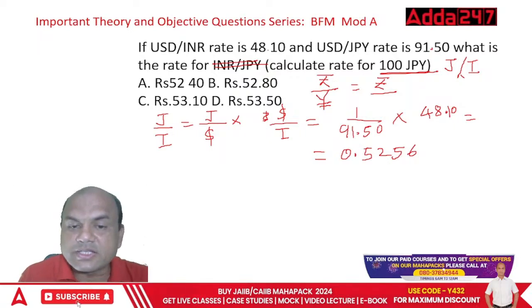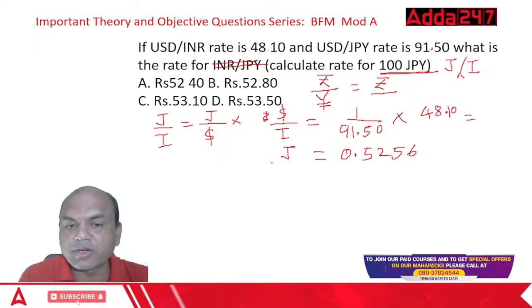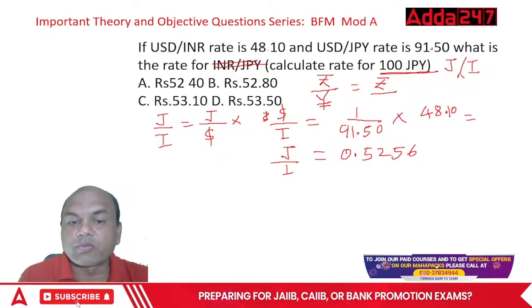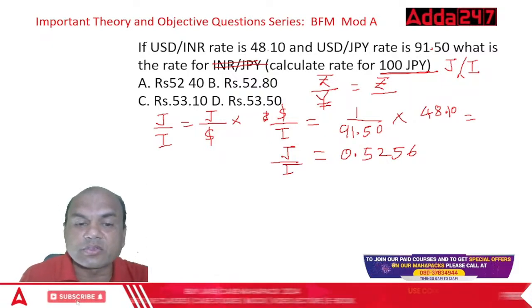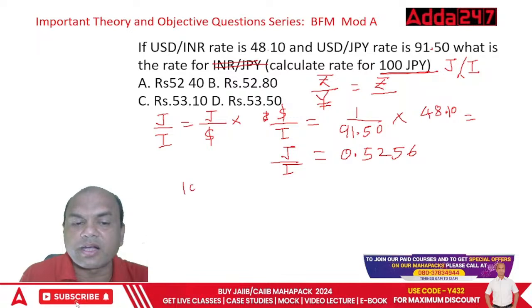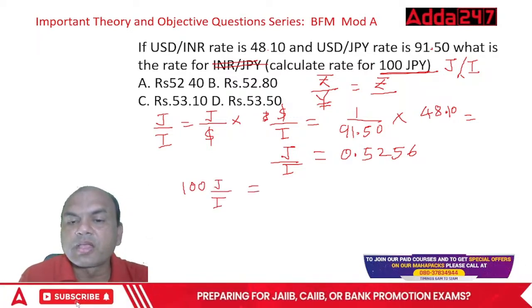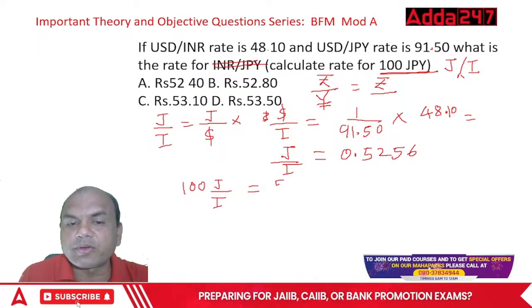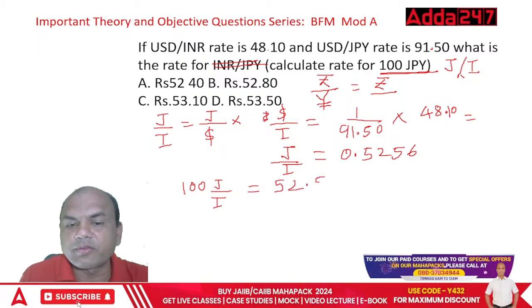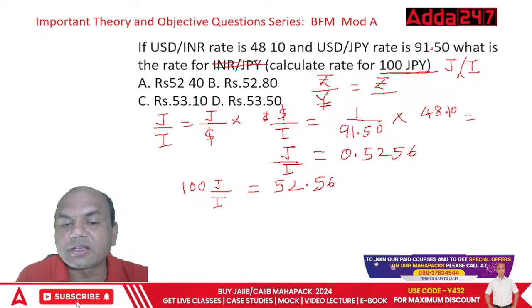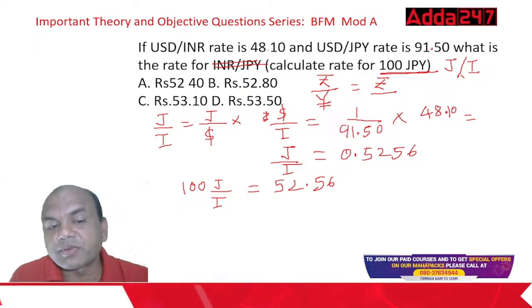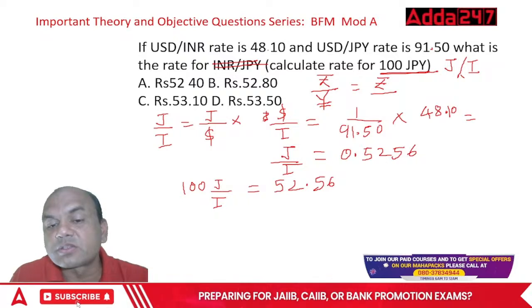So this is 1 JPY to INR. But what is asked over here? They have asked 100. So multiply this by 100. So 100 JPY to INR equals 52.56. So this much is the answer. So 100 JPY equals 52.56 rupees.